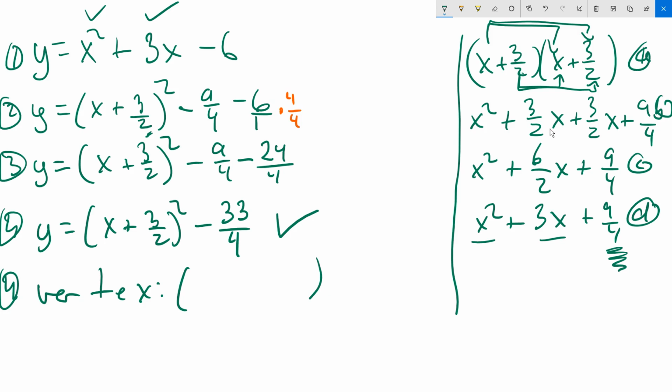Because here it says x plus 3 halves, the opposite of the positive 3 halves becomes negative 3 halves. That's the x-coordinate of the vertex. Then you take that next piece, negative 33 over 4, and that's the y-coordinate of the vertex. This form right here, where I'm placing the check mark, is the vertex form. And then the actual vertex itself, remember, as a point, is this quantity right here, where I put the second check mark.